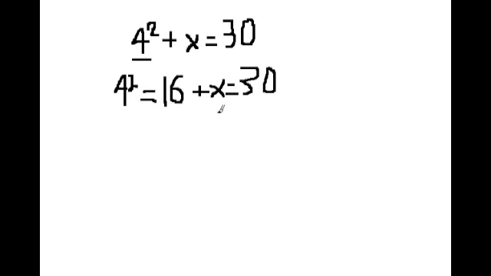So now that we've simplified our equation, we can follow the original steps. We're trying to find out the value of x, and we know that if we add x to 16, we get 30. So 30 minus 16 would be 14.